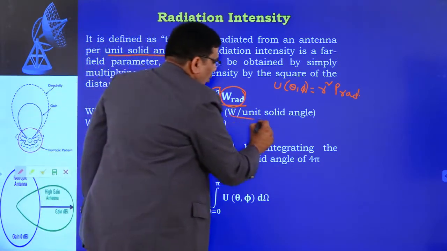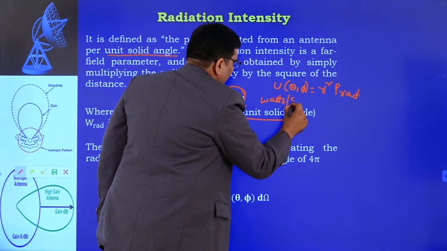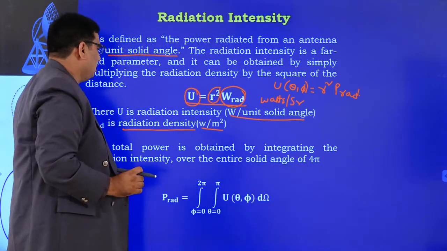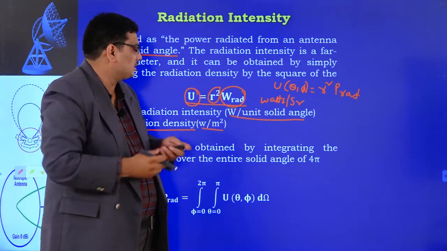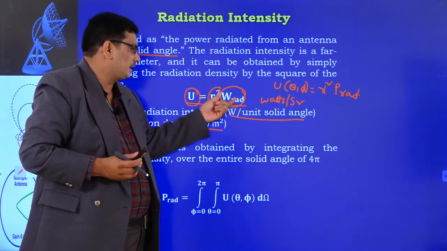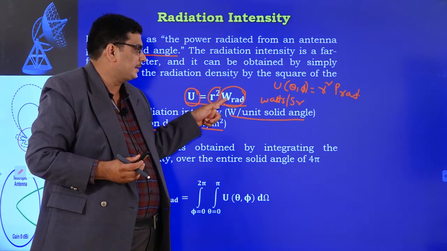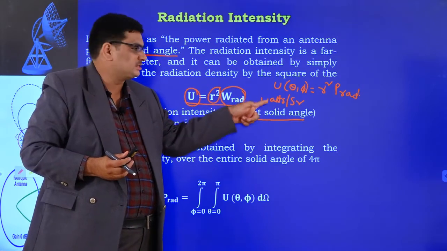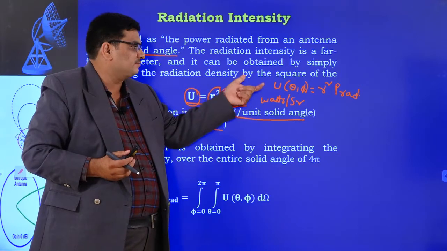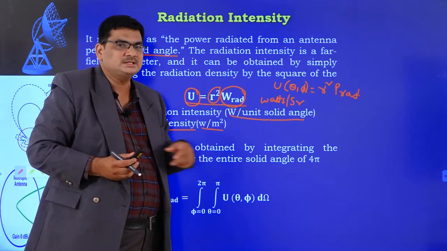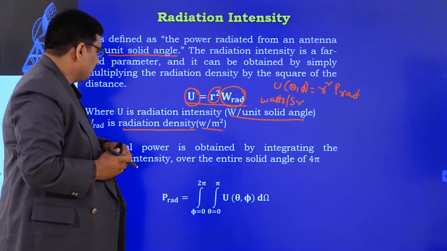We measure radiation intensity in watts per steradian, because we are multiplying the radiated power P rad, expressed in watts, and the intensity is in terms of solid angle, that's why it is watts per steradian.